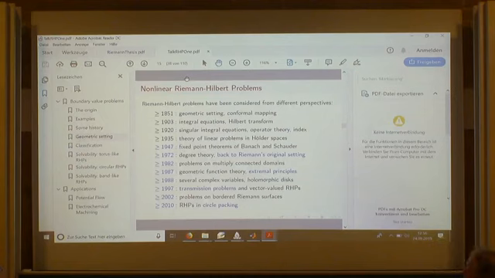And also in the development of nonlinear Riemann-Hilbert problems, in the first years, everybody tried to extend the singular integral equation techniques to nonlinear problems. But this has some limitations.